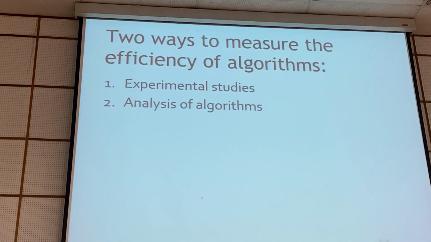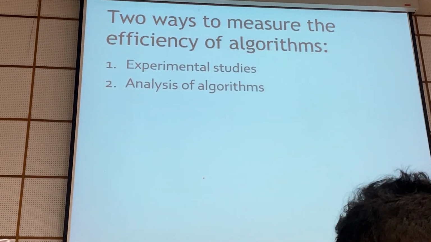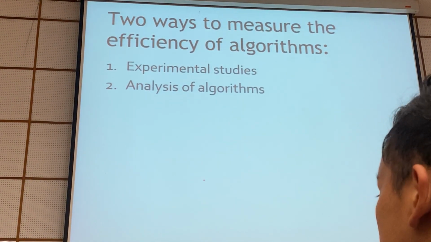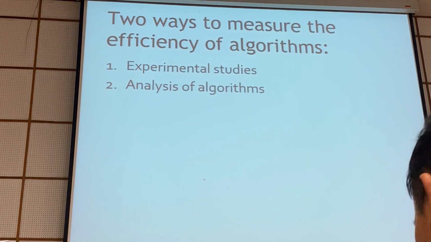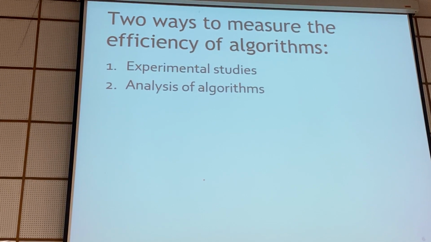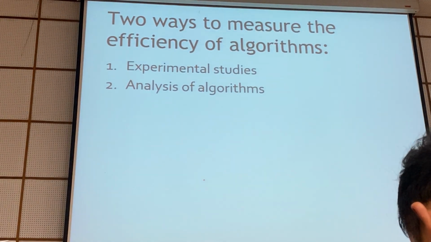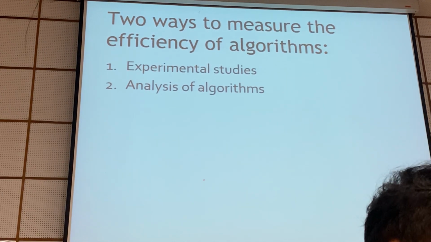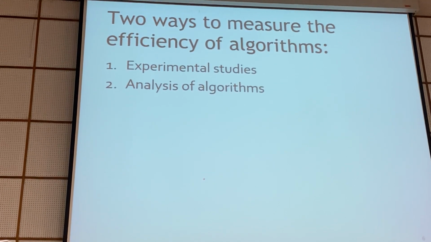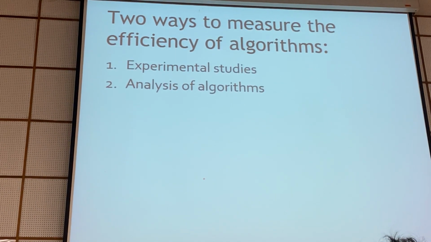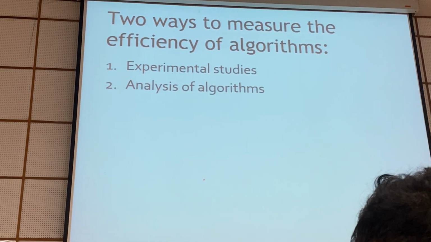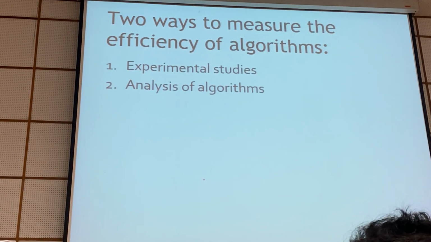What do you understand by experimental? You record the time. You do something, you run the product to see the efficiency, and then you measure something. Now, analysis is something where you need to calculate, you have to find something.